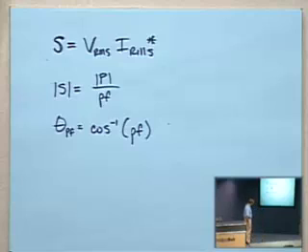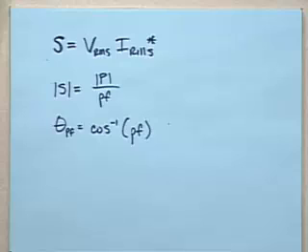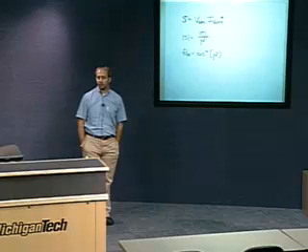Also that the magnitude of S, the magnitude of the complex power, you take the magnitude of the real power and divide it by the power factor. That's just essentially some trigonometry. And then also a little bit of trig, that the power factor angle theta is given as the inverse cosine of the power factor itself. So if you can remember those 3 things, you can do well enough on the quiz later today.